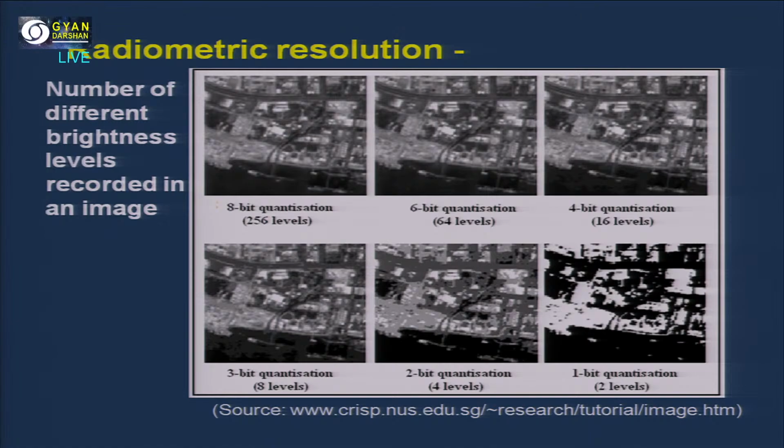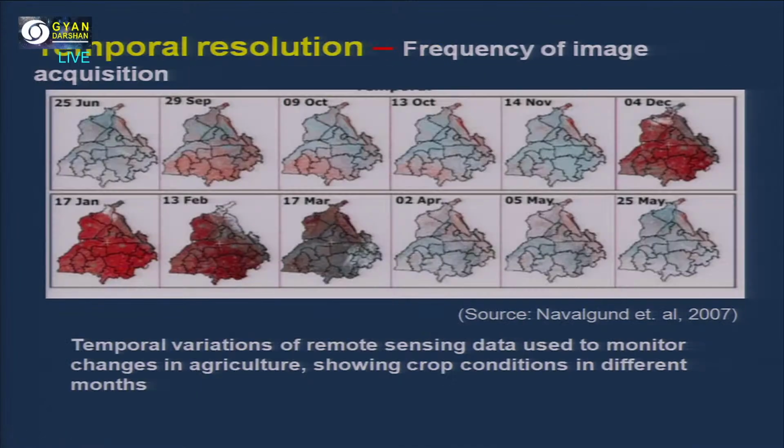And in this photograph, you can see the smallest changes in intensity level that can be detected by the sensing system. From the clarity in 8 bit and in 1 bit, you can see this is regarding the number of digital levels. Another resolution is the temporal resolution.